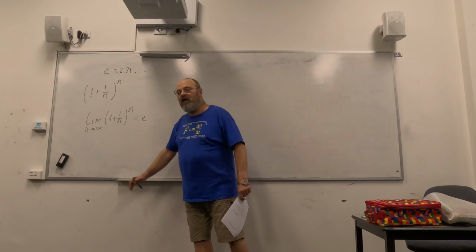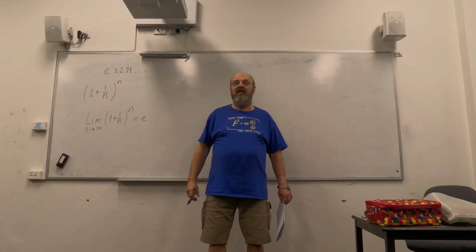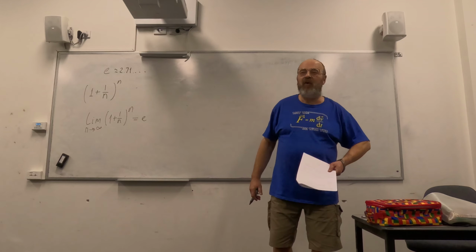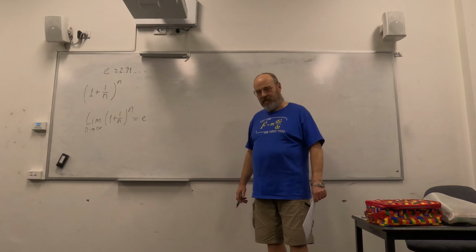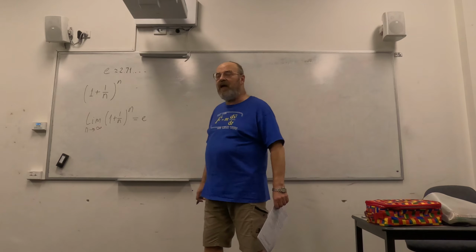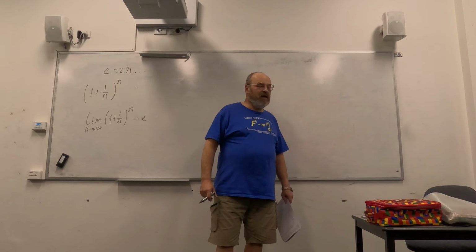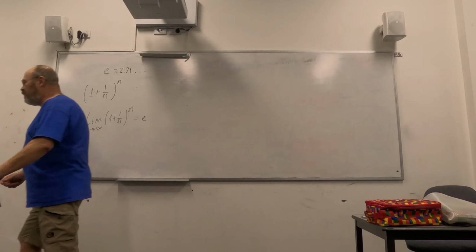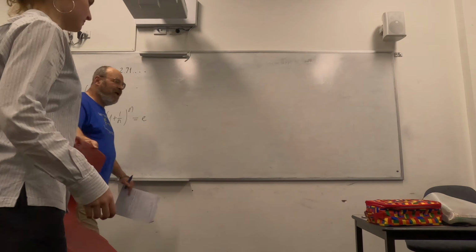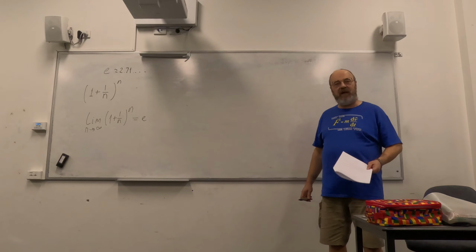Now, if this number was discovered by Bernoulli, why is it called Euler's number? Because Euler did a lot of investigation with this number, and he found that this number can be represented in a different way.